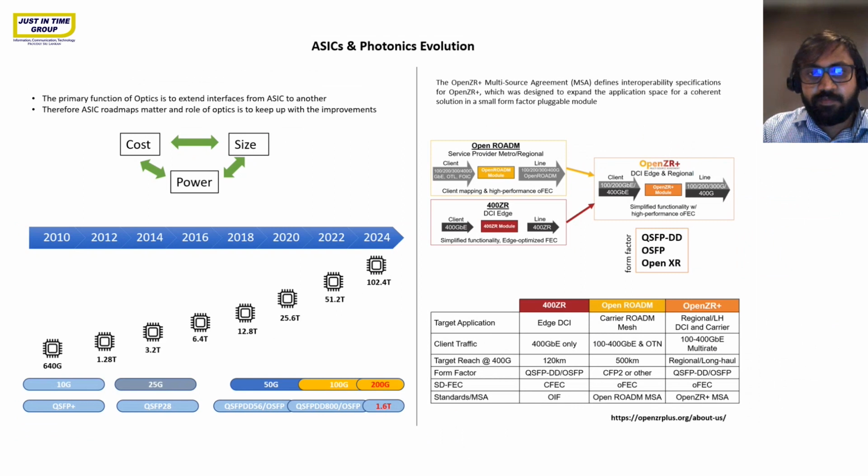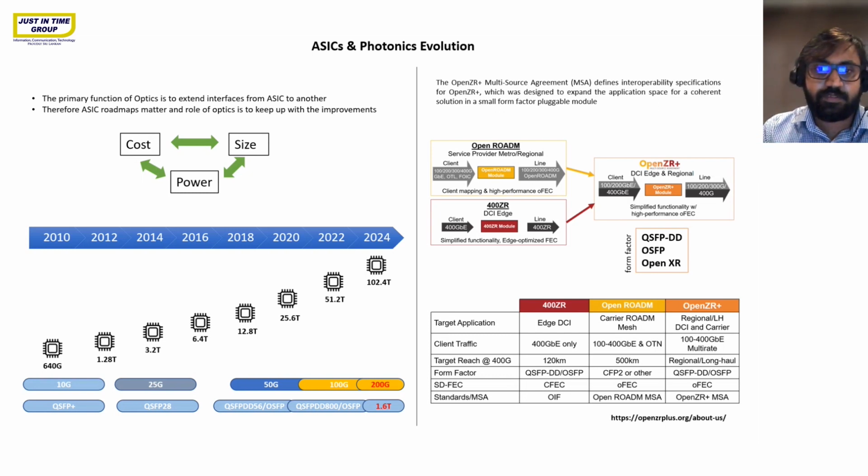And there are a lot of efforts from different industry multi-source agreements. That means it's a consortium or agreement between different vendors to introduce open optical solutions. If you take two transceivers from two different vendors, sometimes it would be difficult to integrate. If you connect one vendor's router to another vendor's router using their own ZR optics, most probably it would not work.